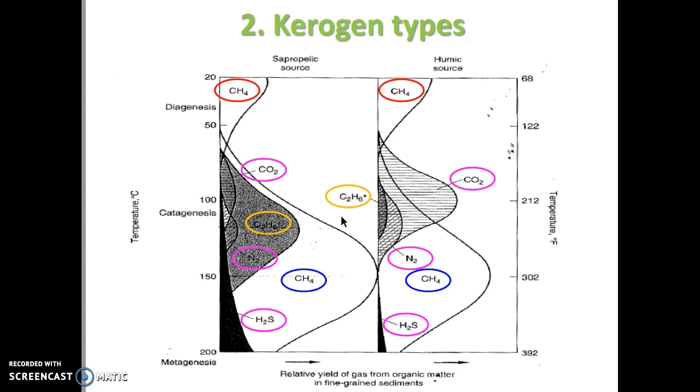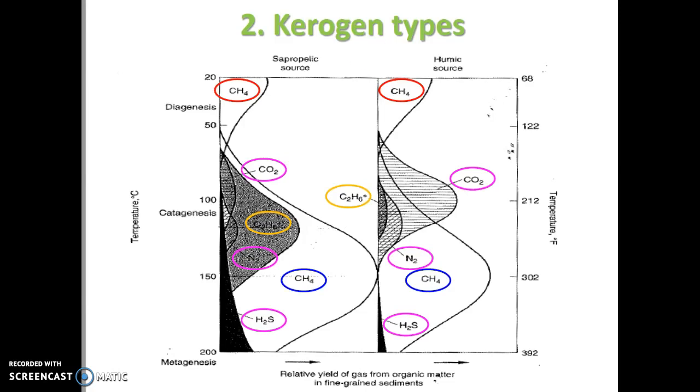Next, from the kerogen types, remember the hydrocarbon and non-hydrocarbon gases can be biogenic in source from all types of kerogen. You can see here a schematic illustration that shows the various gases from the different temperature ranges.